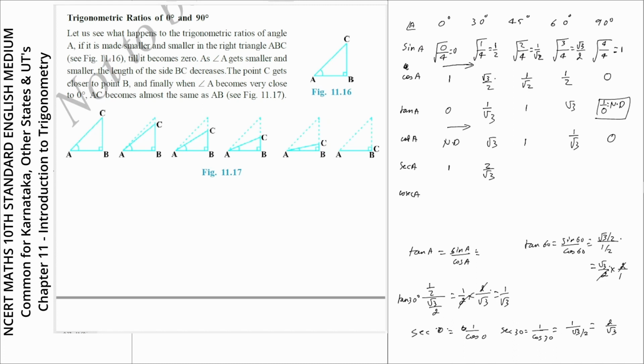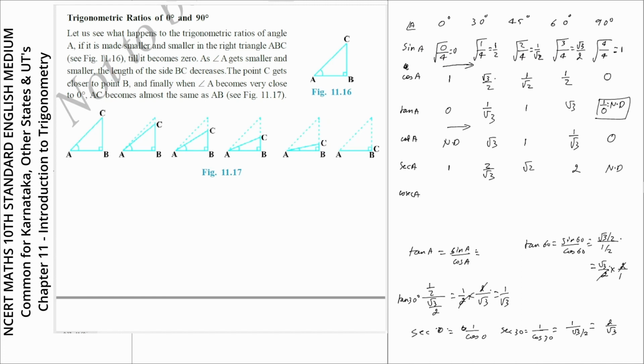Just take the inverse of cos, you will get the values of secant. Now secant of 45 is 1 by 1 by root 2, which is root 2. Now secant of 60 degrees is 1 by 1 by 2, that is 2 I will get. And secant of 90 is 1 by cos of 90. So 1 by 0 is not defined I will get here.